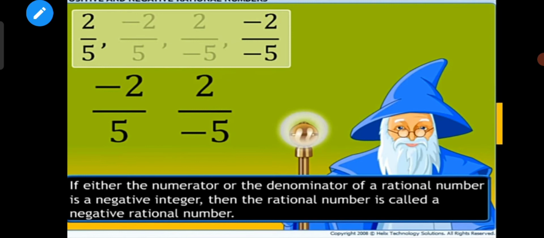Similarly, 2 upon minus 5 also you can see. Here also the denominator is negative and the numerator is positive. So it is again a negative rational number. So if either the numerator or the denominator of a rational number is negative, then it is a negative rational number.